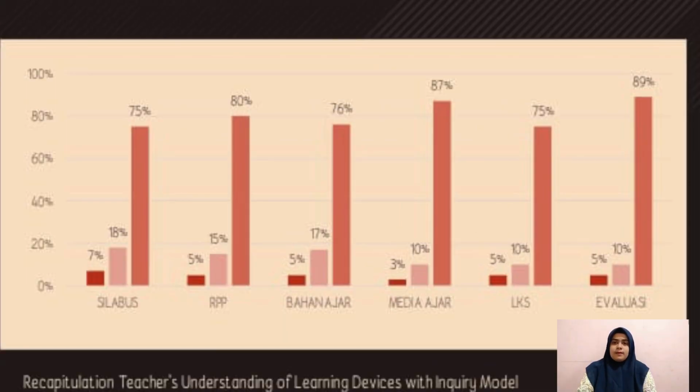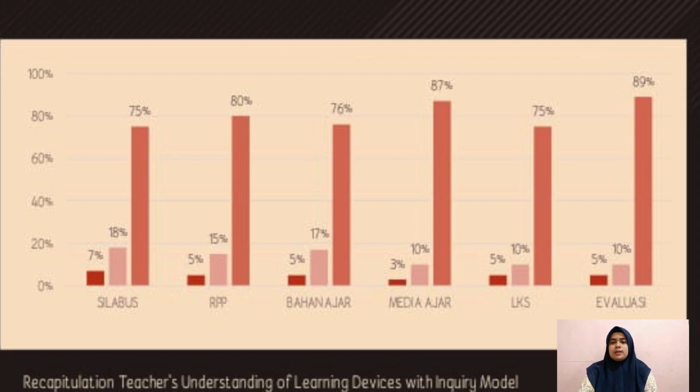From this graph, it can be seen that the level of teacher understanding of learning tools is in the poor category, where the teacher's understanding of syllabus is in the poor category with a percentage of 75%.